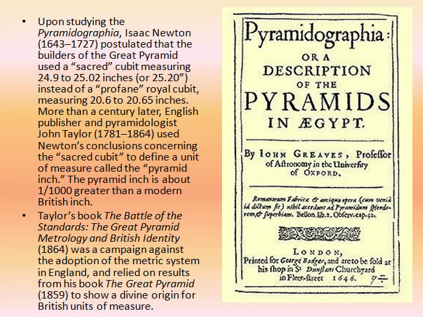Taylor's book, The Battle of the Standards, the Great Pyramid Metrology and British Identity, 1864, was a campaign against the adoption of the metric system in England that was coming in from France, and relied on results from his book, The Great Pyramid, 1859, to show a divine origin for British units of measure.